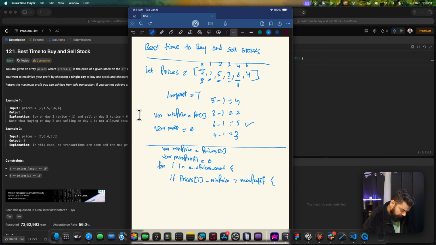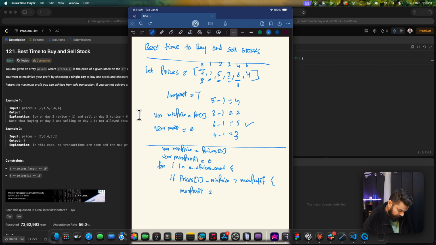So in this case I want to update my max profit. What I have to do here is subtract the value that I have spent already. Suppose I bought it for rupees 1, and now I'm selling it for 5. So 5 minus 1, 1 I have already invested, and what are the profits?